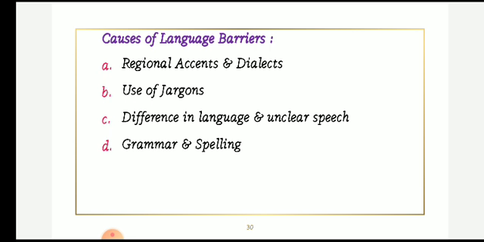Again we can take examples. If a person from India moves to China, we know an Indian does not understand Chinese, and Chinese people don't understand Hindi, which is the common mother tongue of Indians.